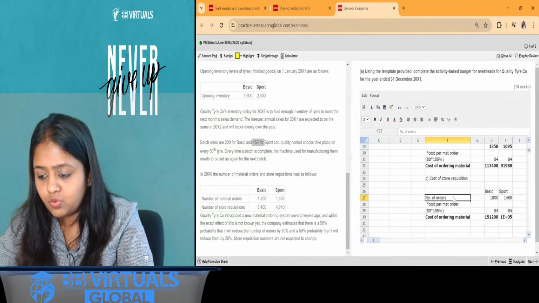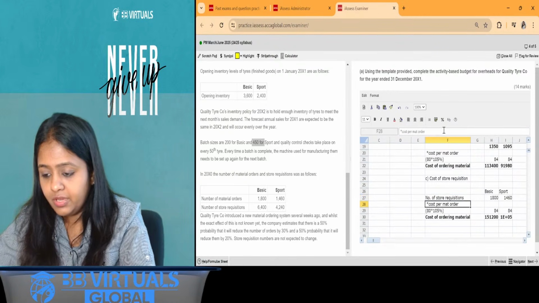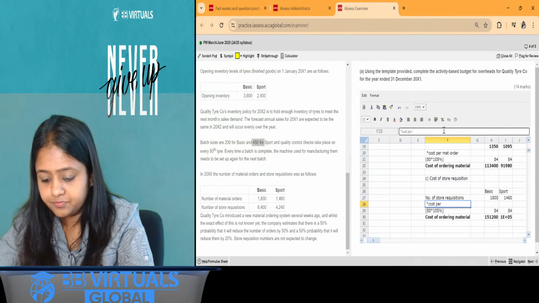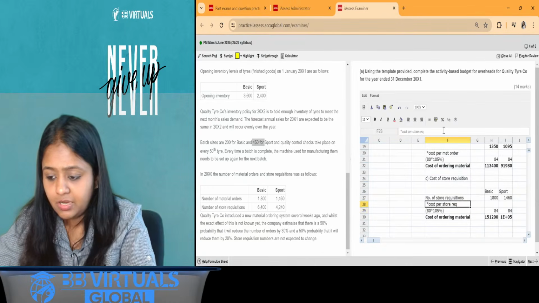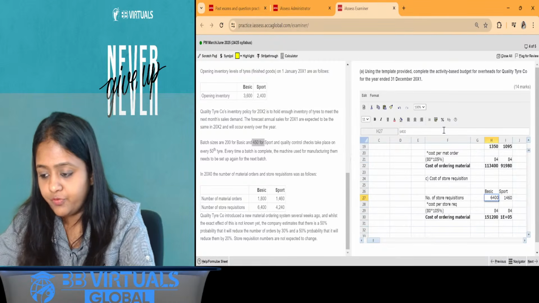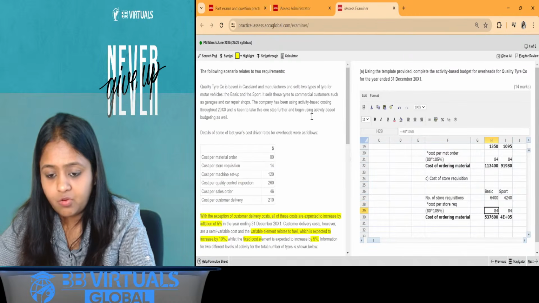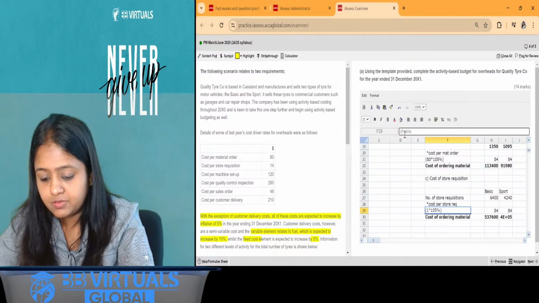So these are the number of store requisitions, and this is the cost per requisition. The number of requisitions are 6400 and 4240. And the cost per requisition here, what is the cost given to you? 14. So you will just take 14 into 105%.